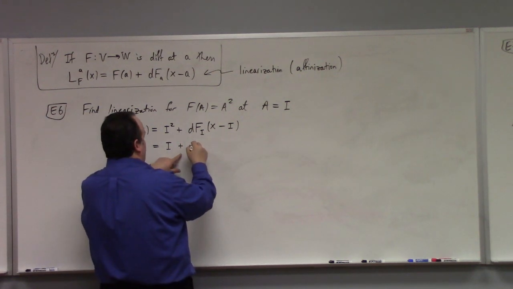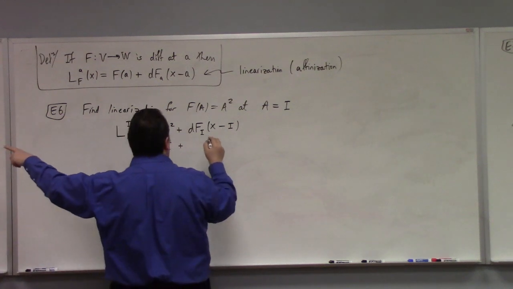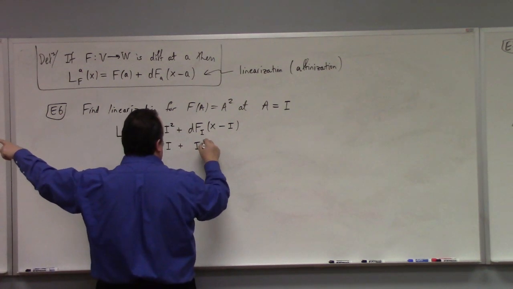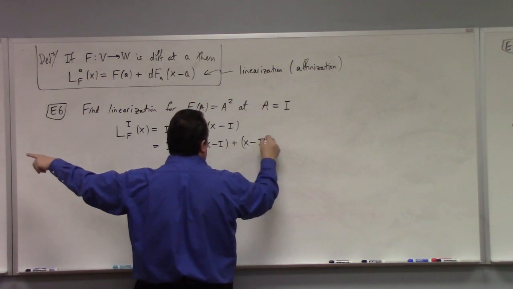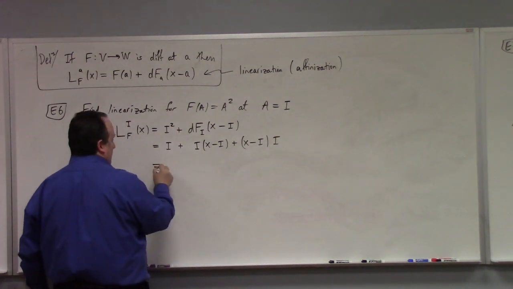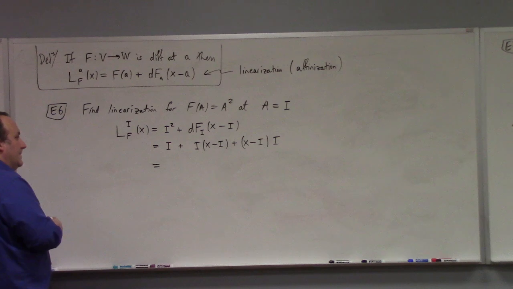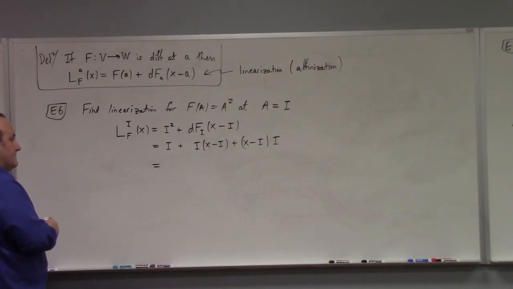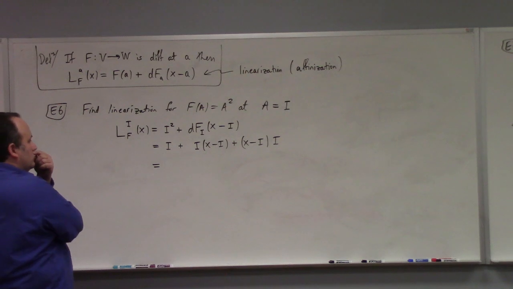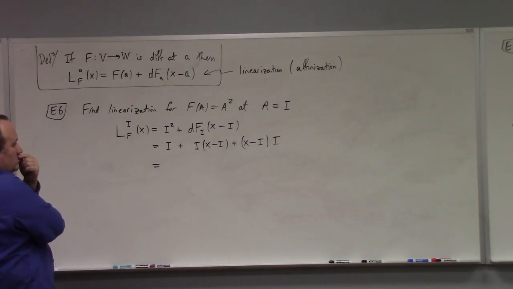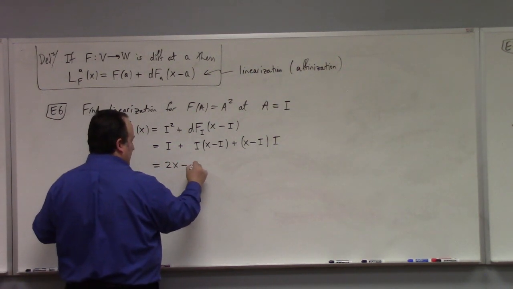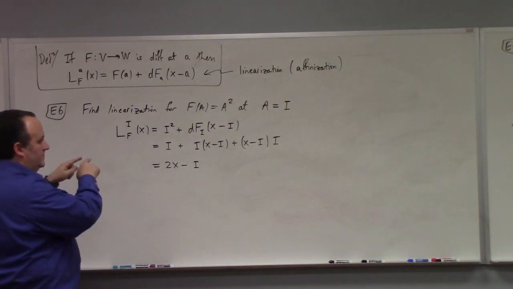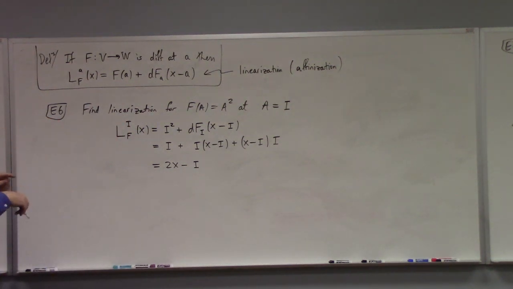So A is I here, so my H is x minus I. And then plus x minus I times I. I think it's 2x minus I, because I get a plus I, a minus I squared, but I squared is I again. So I think it's 2x minus I.